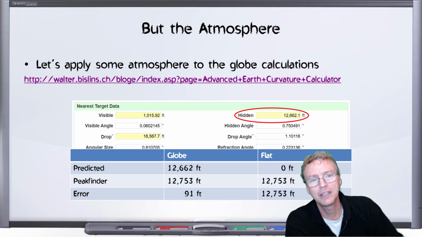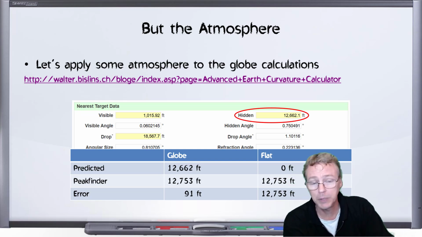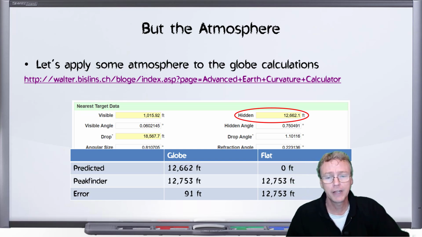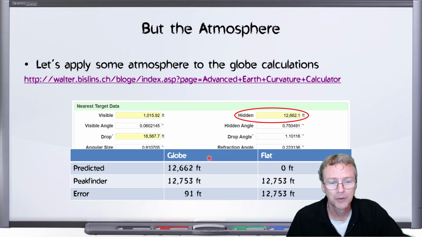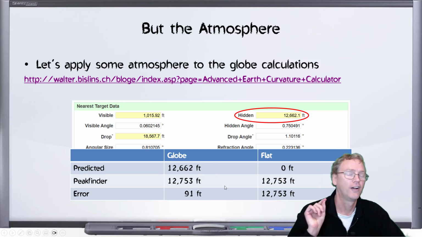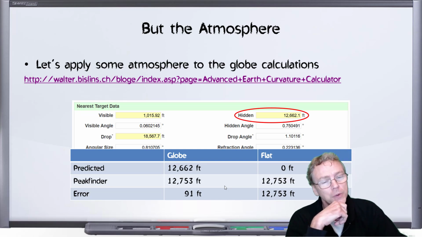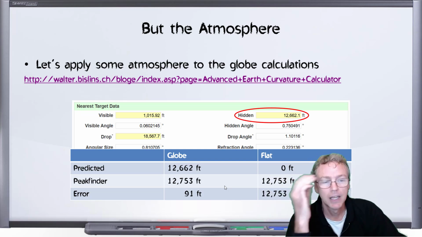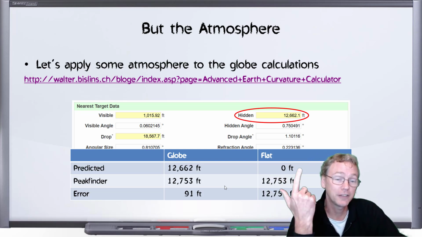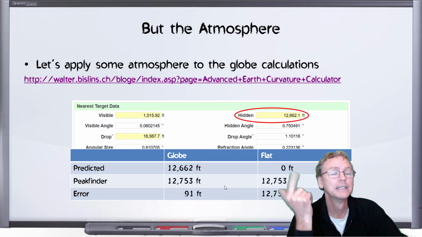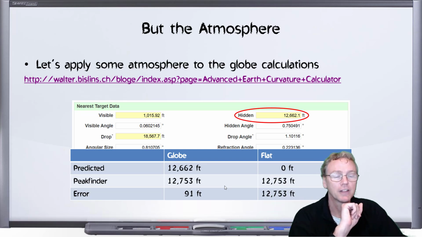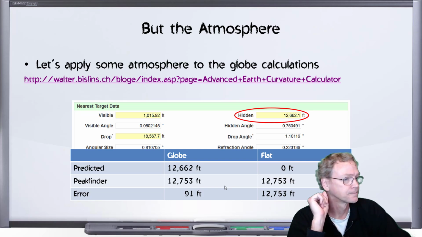This isn't reality, this isn't photographs, this is just Peakfinder. Peakfinder matches Walter Bislin's calculator very closely. So that's a strong clue that they're probably using the same calculations, as that is a standard scientific practice to do. I think that's a good bet. That's exactly what's happening. Okay.